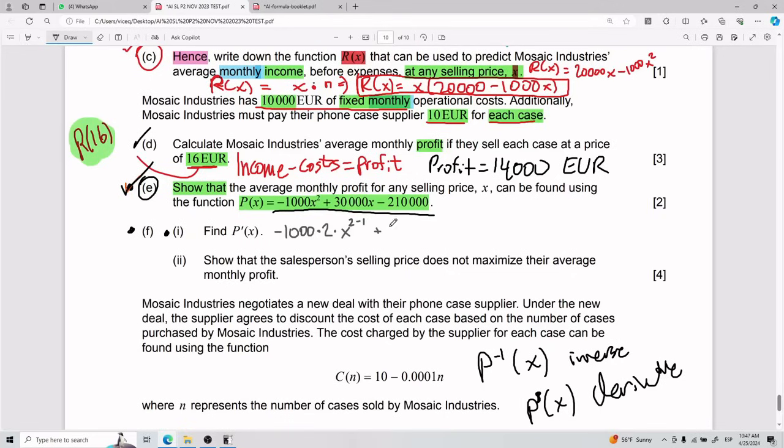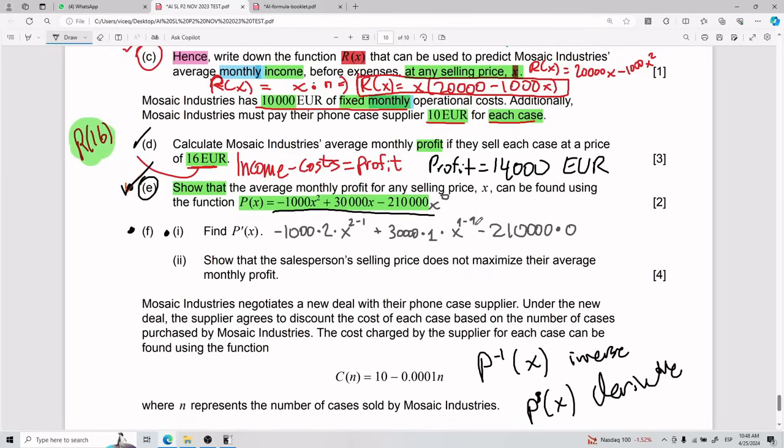For the next one, you're going to have 30,000 times 1, because technically x is x to the power of 1, so the 1 has to go down, times x to the power of 1 minus 1. And this last one is technically 10,000 times 0, because here you have an x to the power of 0.